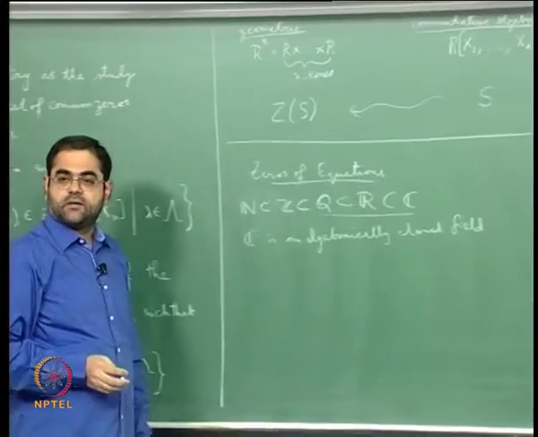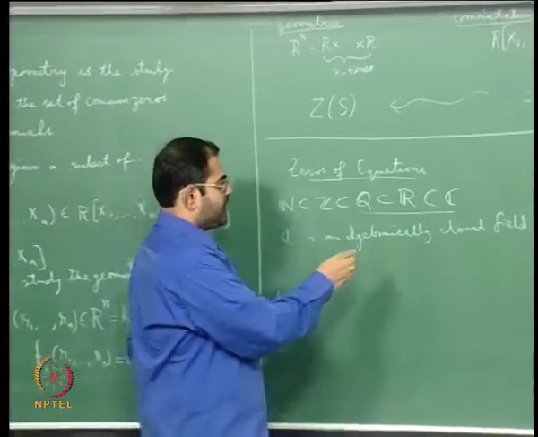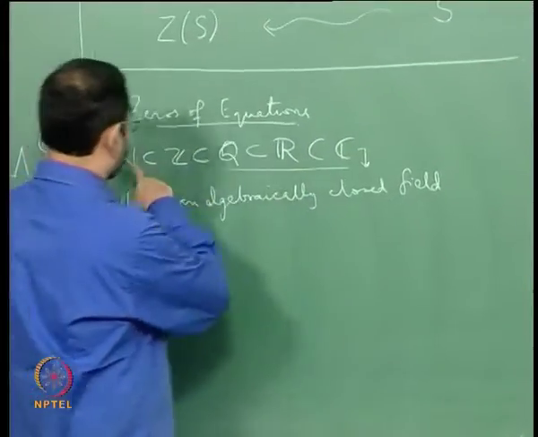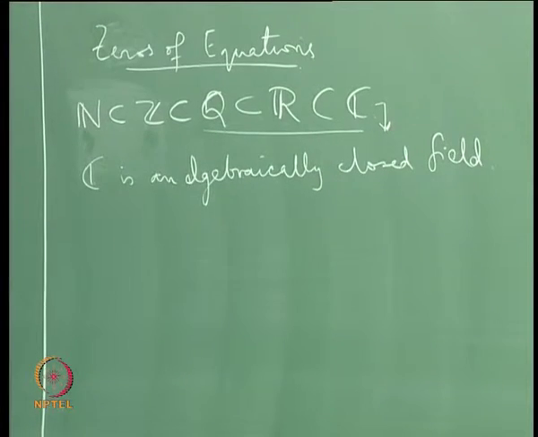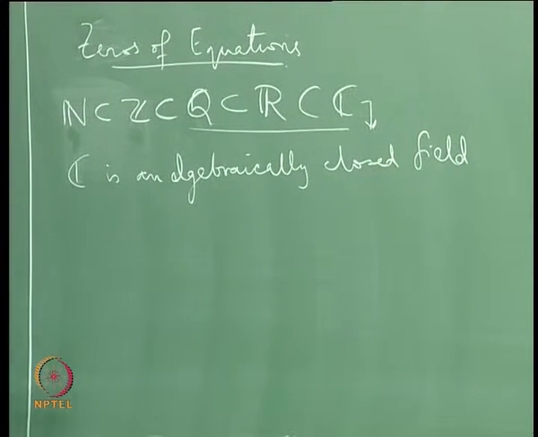Okay, C is an algebraically closed field. What does this mean?